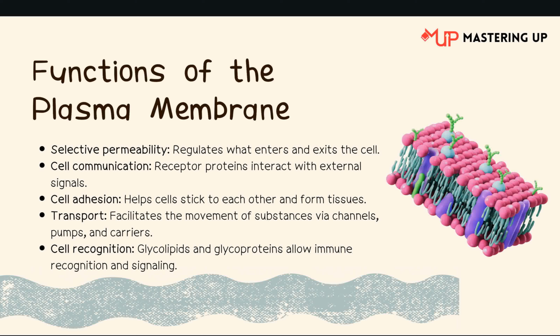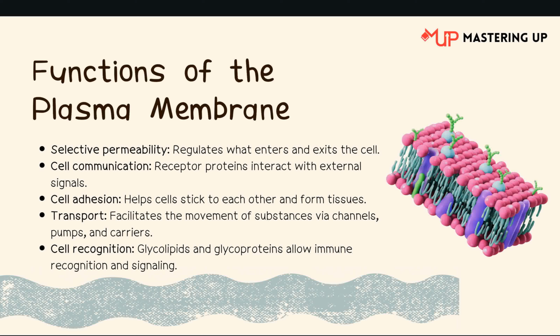Another key function is transport. The membrane facilitates the movement of molecules across its surface, either passively through diffusion or actively through processes like endocytosis and exocytosis. This transport is essential for the uptake of nutrients and the removal of waste products.